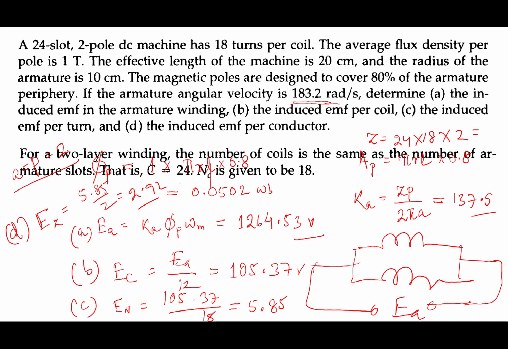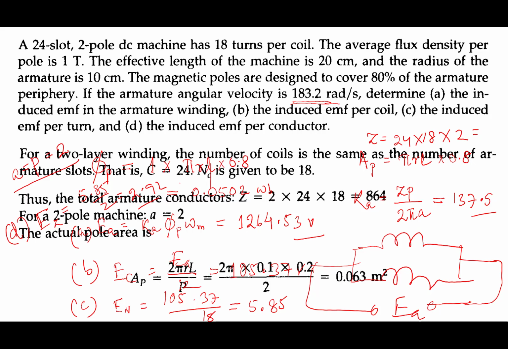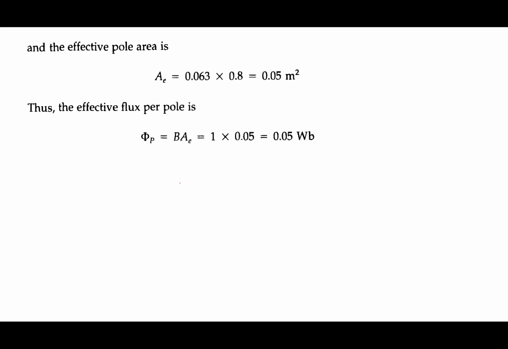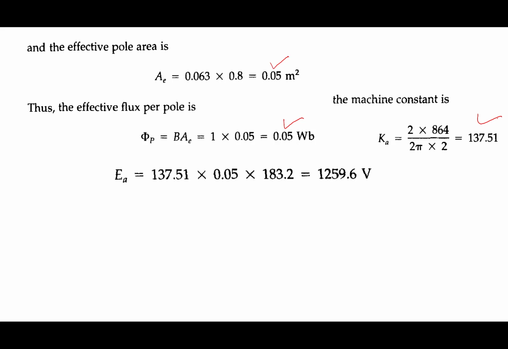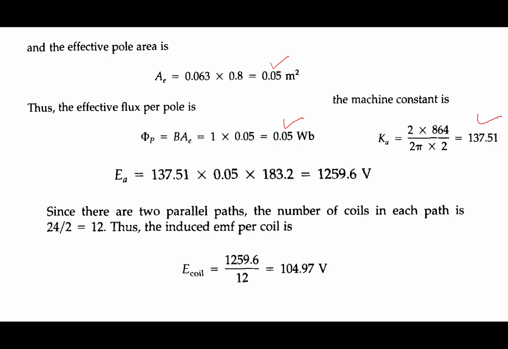Now let us check the answer. This is your AP. Is it visible? Effective area, I think it is correct. What we found, 5P, it is correct. K is correct. Very good. All of you. Then EA is correct.